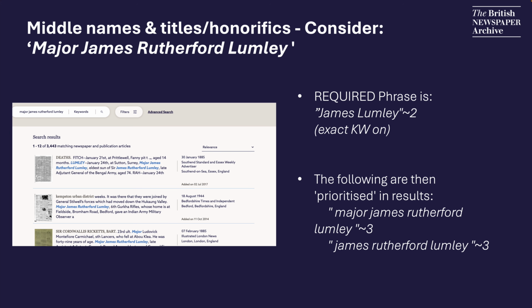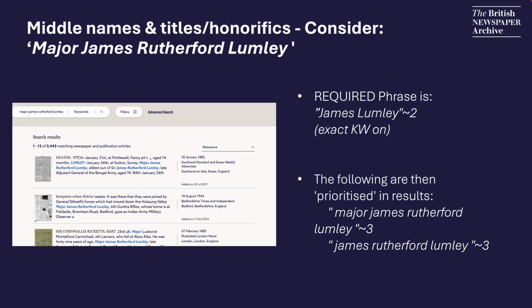With the exact keywords on, and also with the phrase flex of 2, which means it would also match Lumley, James, which is a very common way that names are handled in newspapers. Within that, there are other prioritised results. So we would look for the full string, Major James Rutherford Lumley, and we just look for the string without the title, without the rank, James Rutherford Lumley.